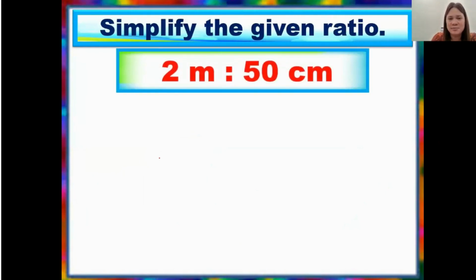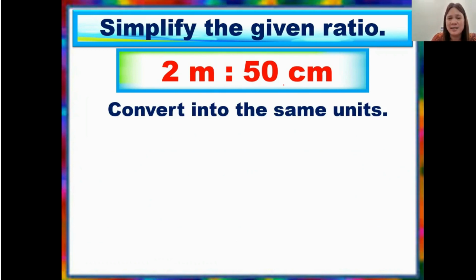So this time, I am giving you a ratio with different units. One is written in meters, while the other one is written in centimeters. So before you simplify this, you have to convert into the same units.